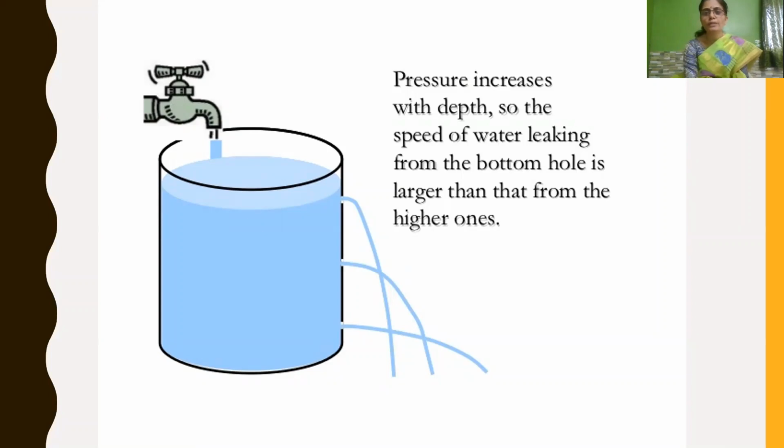So the speed of water leaking from the bottom hole is larger than that of the higher one. For children, liquid pressure always increases with depth. The bottom one has more pressure, then the second one, and then the topmost one.